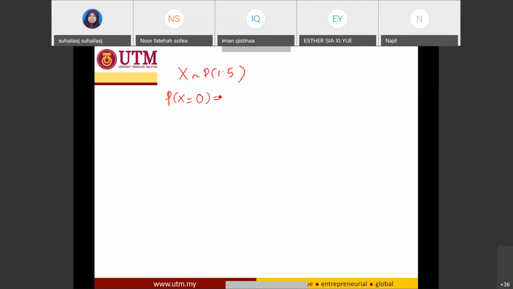This one is cumulative, so you will have 0.2231. If you don't want to use your stats table, you substitute into the probability function, which is exponential negative lambda, lambda to the power x, divided by x factorial. So substitute for probability x equals 0: exponential negative 1.5, 1.5 to the power 0, over 0 factorial, and so on.